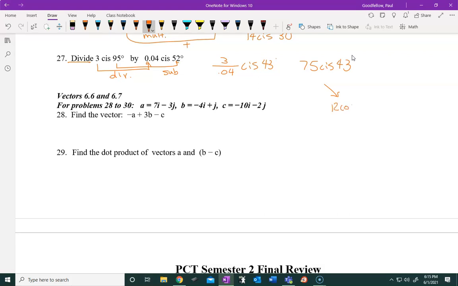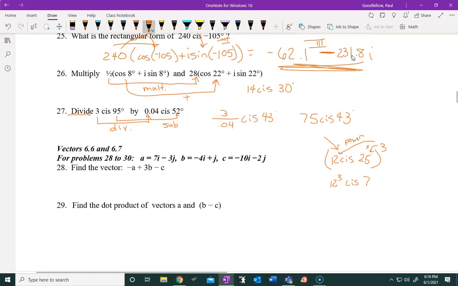So if I had 12 cis of, say, 25 degrees, and I raise that to the third power, it actually raises the front to a power, but at the same time, it multiplies this guy on the inside. So it'd be 12 to the third cis of 75 degrees. So be careful of that. Make sure you know how to use de Moivre's just as easily as you know how to do multiplication or division.